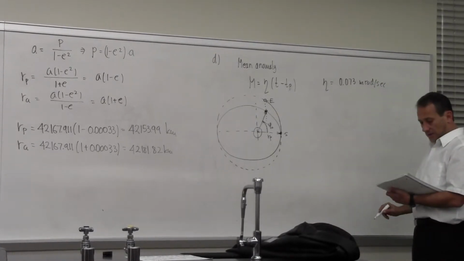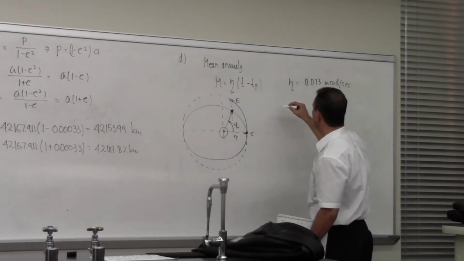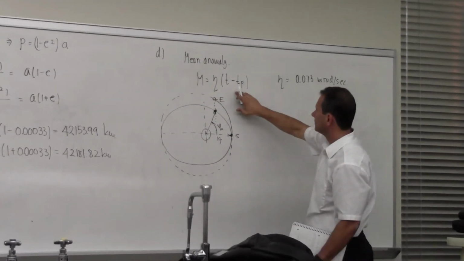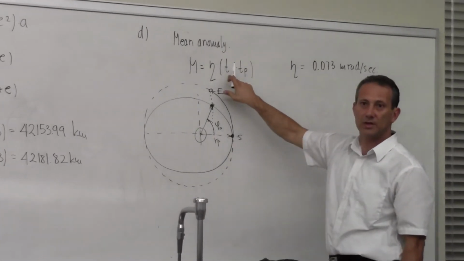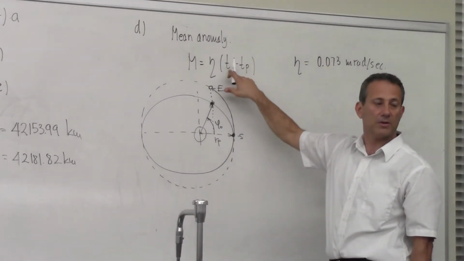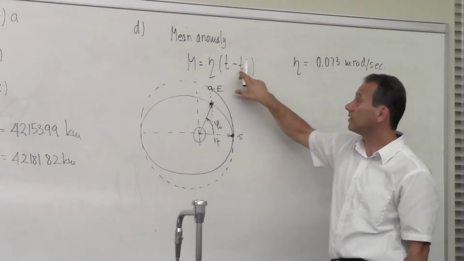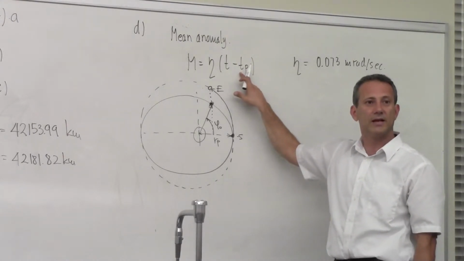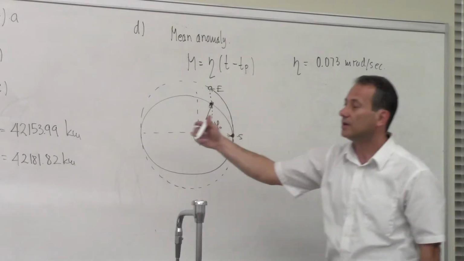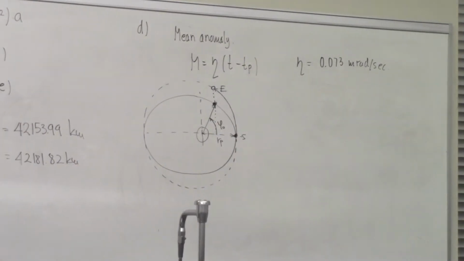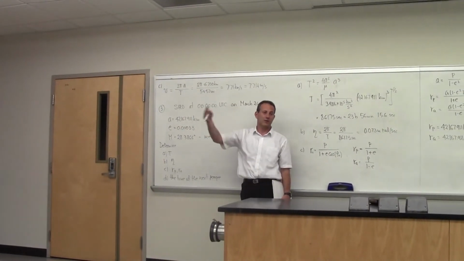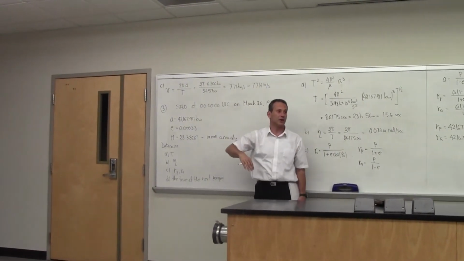Now, since I know nu, and I know M, and I know the current time, which is the time at which I'm taking a measurement, then I can calculate the time when I went through perigee. It's going to be negative, right? Because I went through perigee before this point. I'm already 28 degrees on average away from perigee. So I went through perigee some time ago.